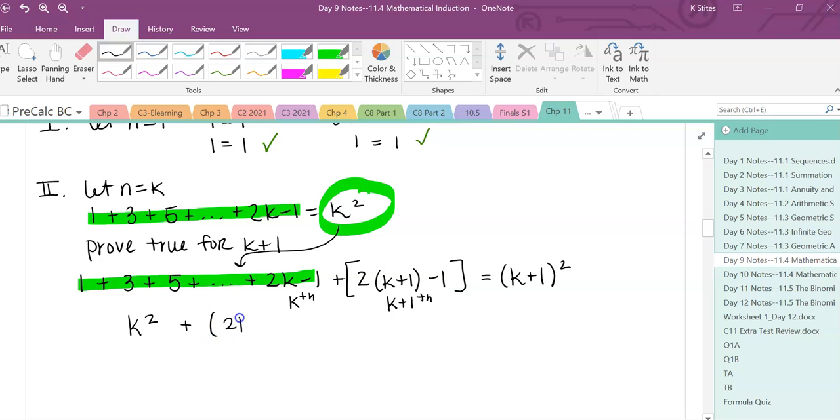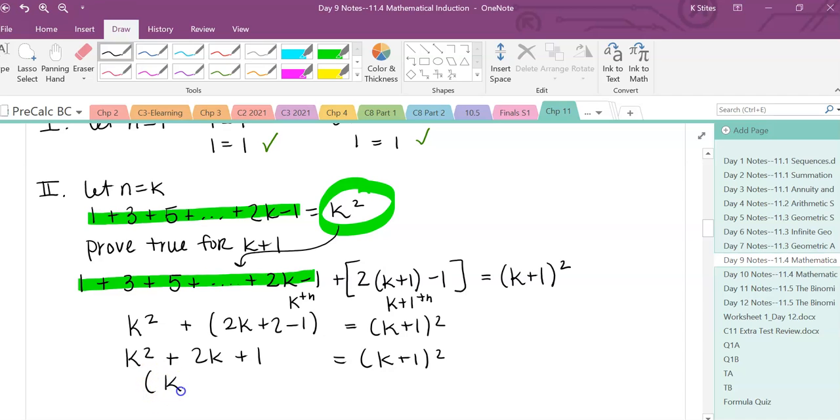This is 2k plus 2 minus 1 equals, again, k plus 1 squared. And we're just going to keep combining. And you get this. This one is really nice because you just look at this and you're like, oh, I'm just going to factor it, and you do get k plus 1 squared. And so look, they are equivalent.